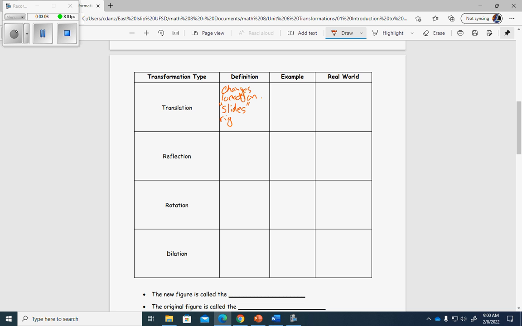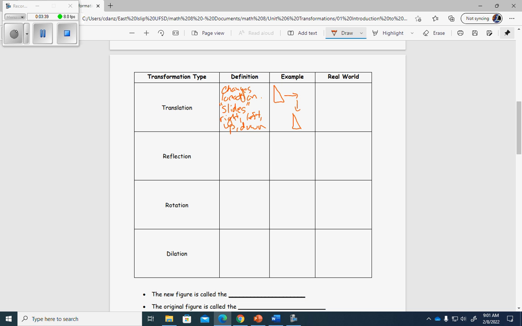right, left, up, or down. So an example, if I were to draw a triangle right here, if I slid it to the right and down, it would land right here. And the triangles are always congruent.